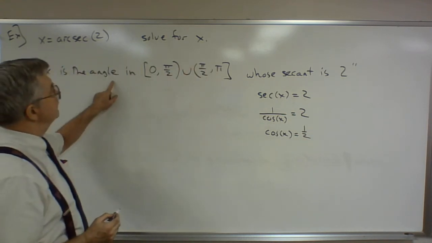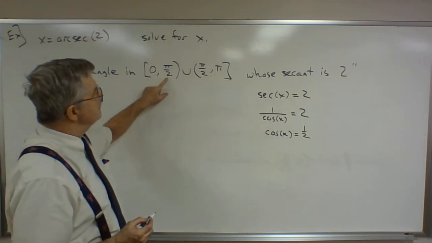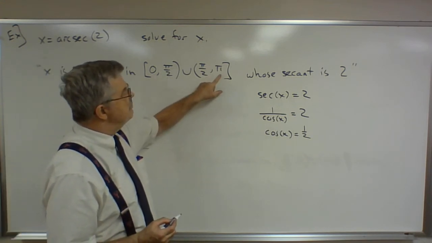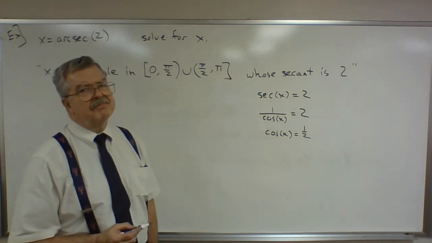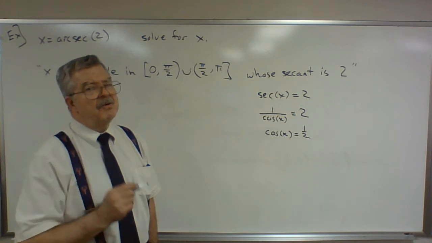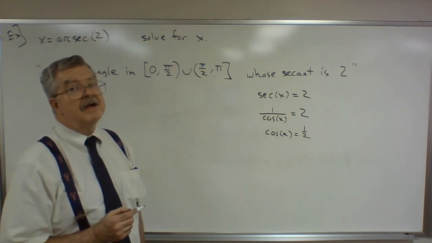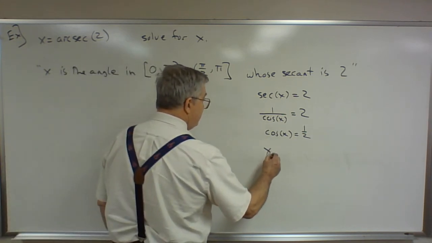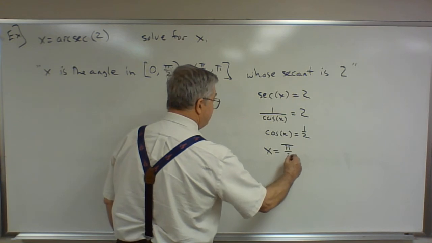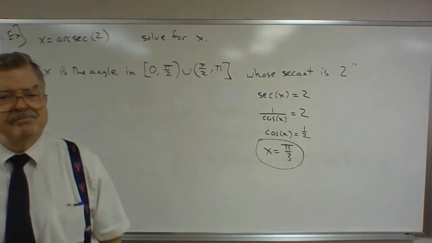X is the angle in the interval from 0 to pi over 2, or pi over 2 to pi, whose cosine is 1/2. It's in the first quadrant. What angle in the first quadrant has a cosine of 1/2? If you said pi over 3, you are right.